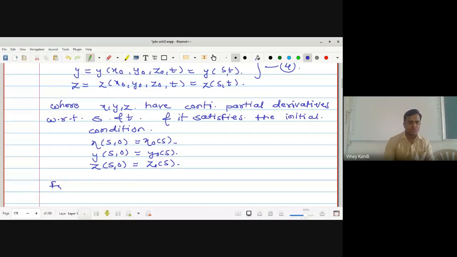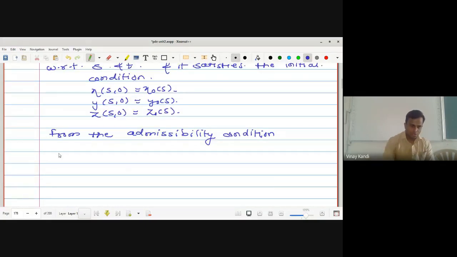Now, from the admissibility condition, we observe that the Jacobian of x, y with respect to s, t at the point t is equal to 0.